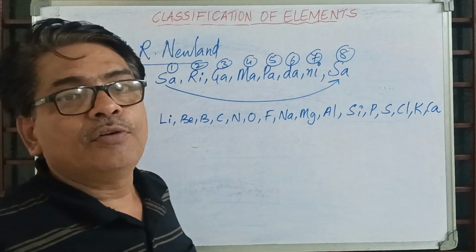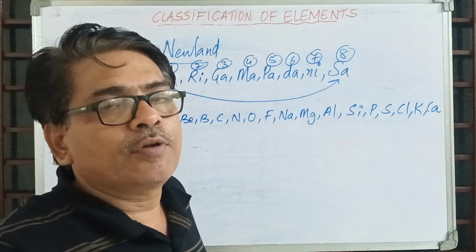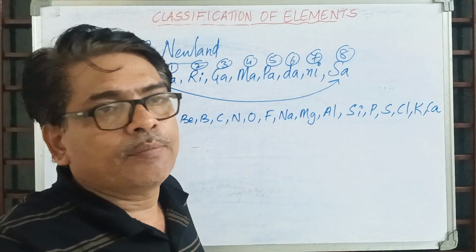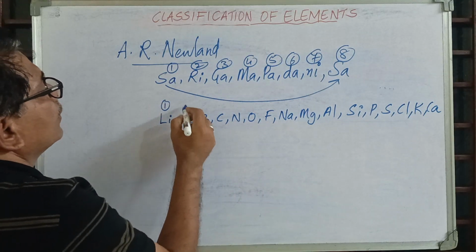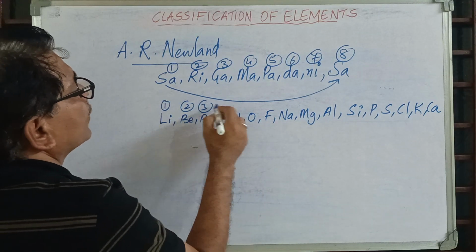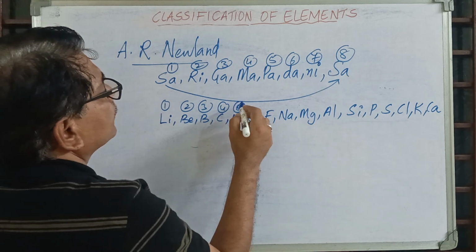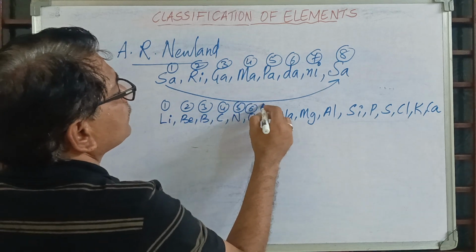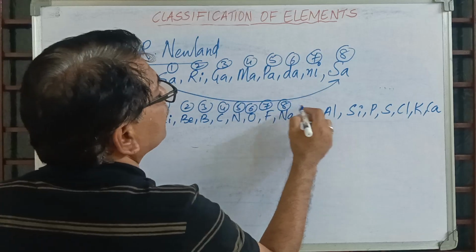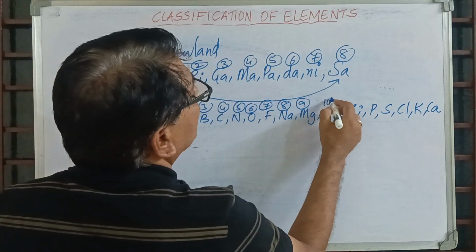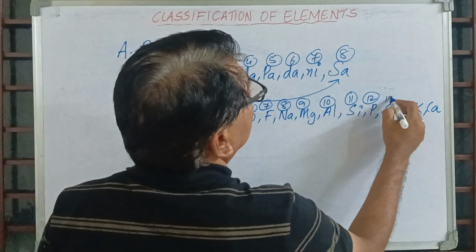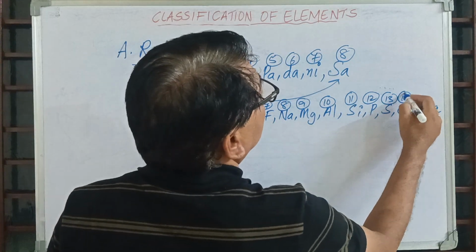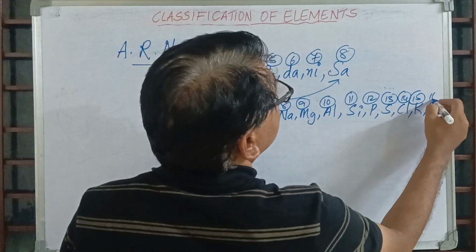Clearly, I did not take inert gases because they were not discovered by that time. Only the elements discovered then he took. So this is 1, 2, 3, 4, 5, 6, 7, 8, 9, 10, 11, 12, 13, 14, 15 and 16.